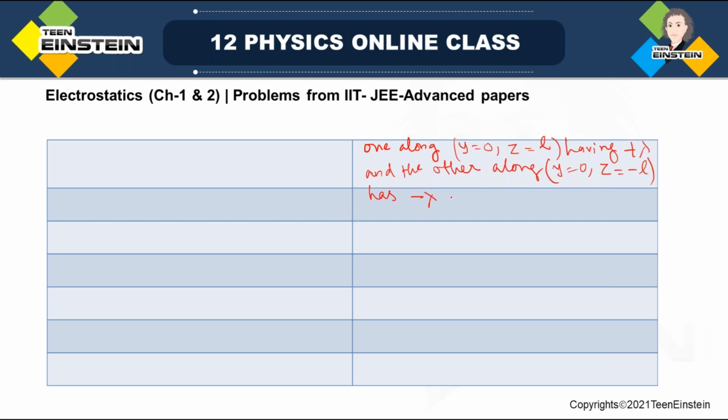Here also you can take the dipole to be a point dipole.